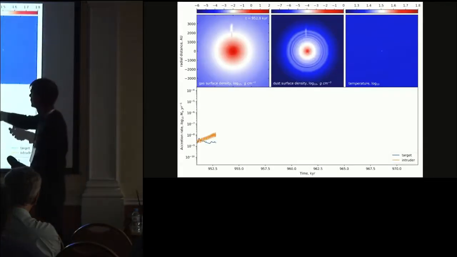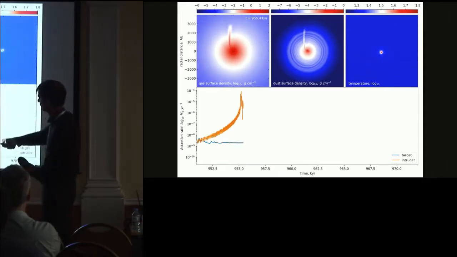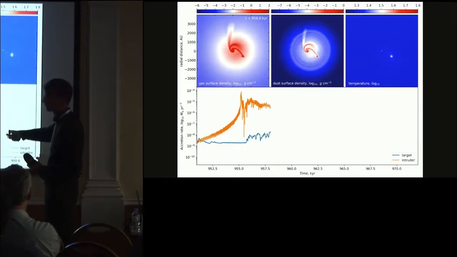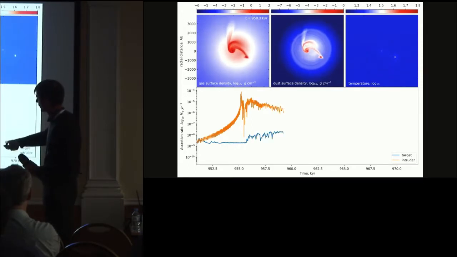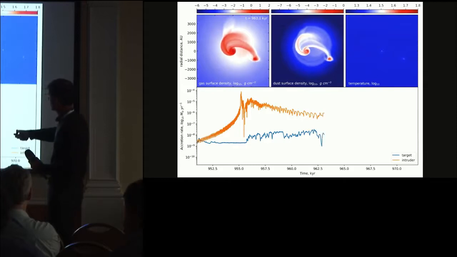Aha, it's flying. So now the intruder is flying. It's coming, and you see this is the mass accretion rate on the intruder. As it comes close, it produces a burst. However, almost nothing happens to the target. So it's a very low perturbation, and then both accretion rates sort of converge.